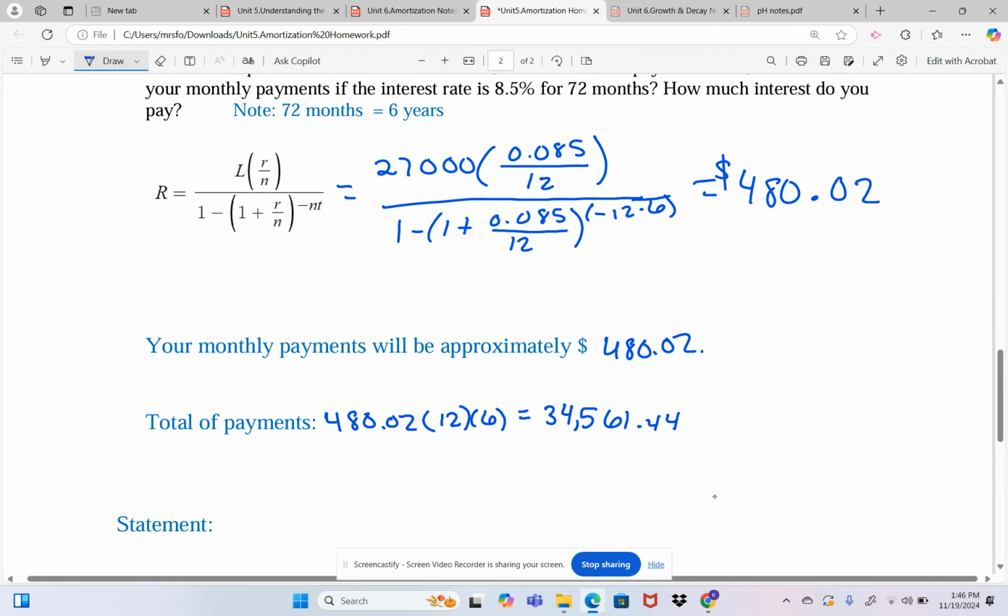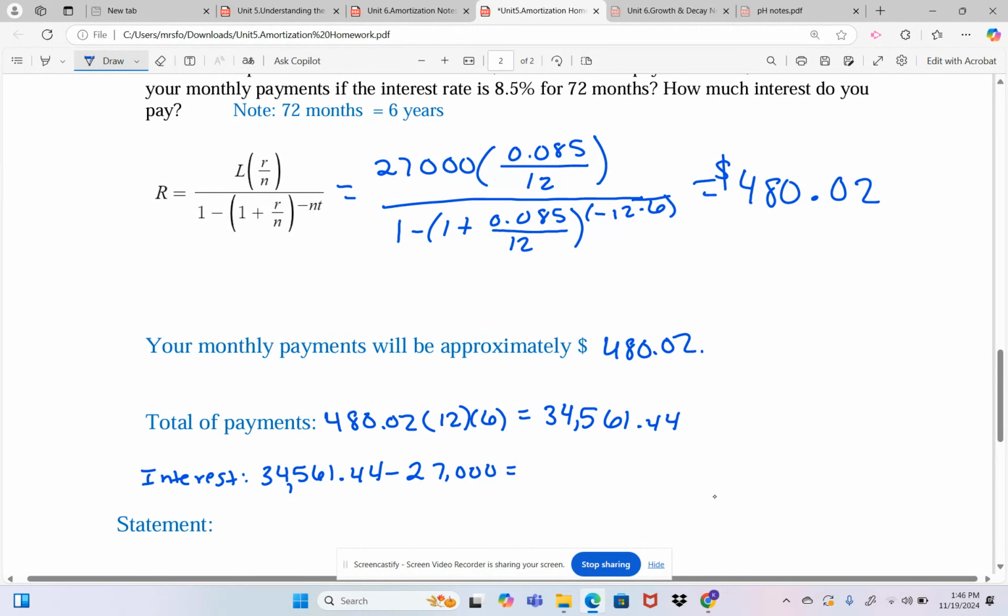So, how can I find out how much interest I paid? You want to take the total minus the loan.